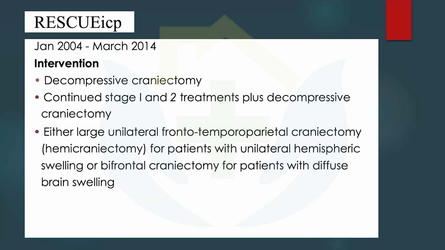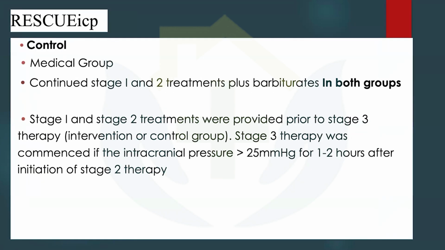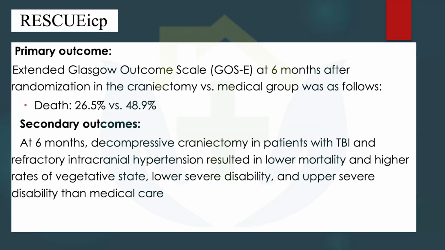Based on the RESCUEicp trial, the current BTF guideline says the exact same thing: in case of severely increased ICP, you have to go for decompressive craniectomy, and the size of the skull bone removal should not be less than 12 into 15 centimeters. That's the first recommendation. So, extended Glasgow outcome score was worse with craniectomy, but better mortality was seen with this.